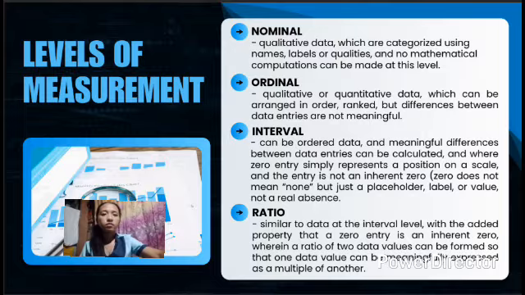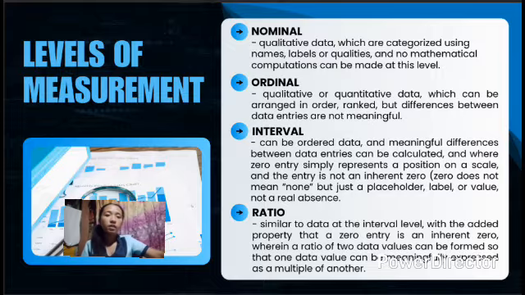Next is the ordinal, which is used in qualitative or quantitative data that can be arranged in order, or ranked, but differences between data entries are not meaningful. So the ordinal level shows relative position but not exact differences.